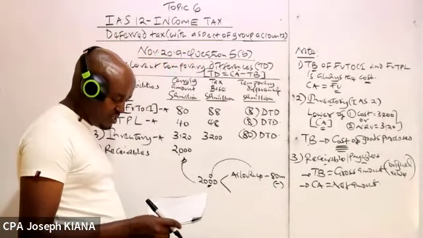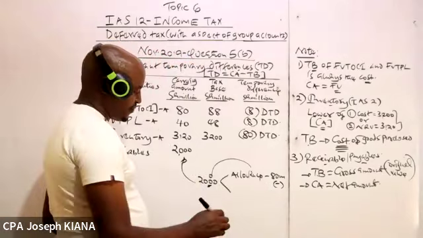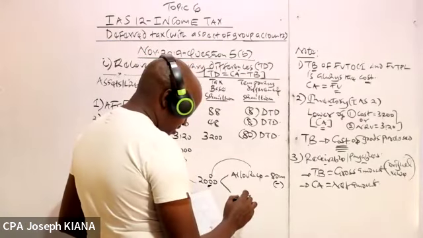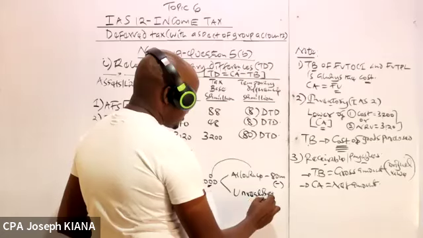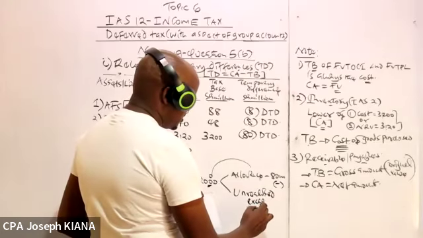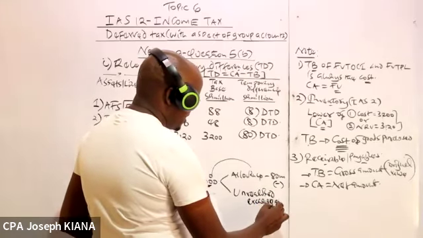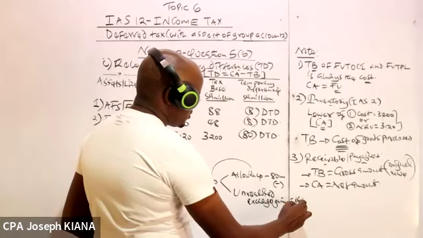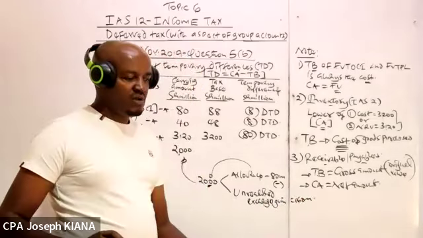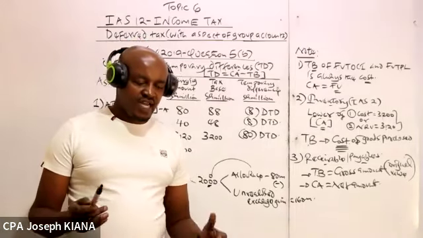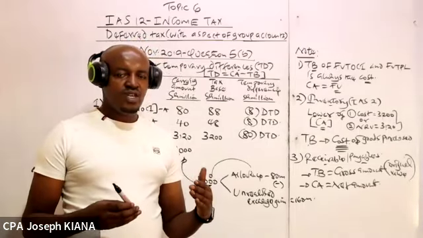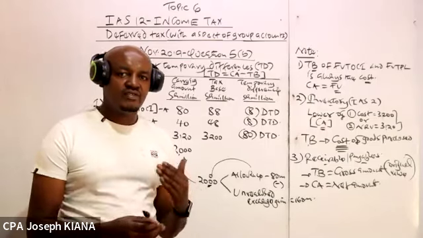And then we are also told that there was an unrealized exchange gain of 160. When we talk about an unrealized exchange gain, this is basically an exchange gain which the company has not yet received.